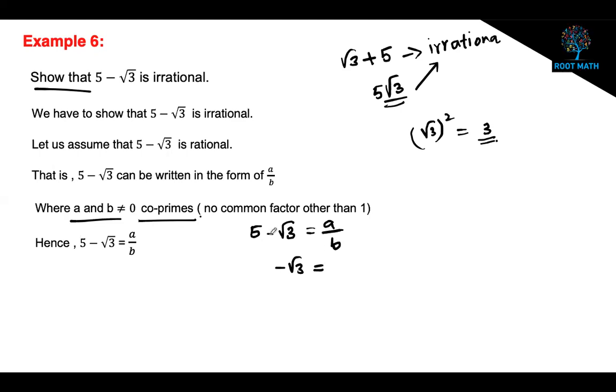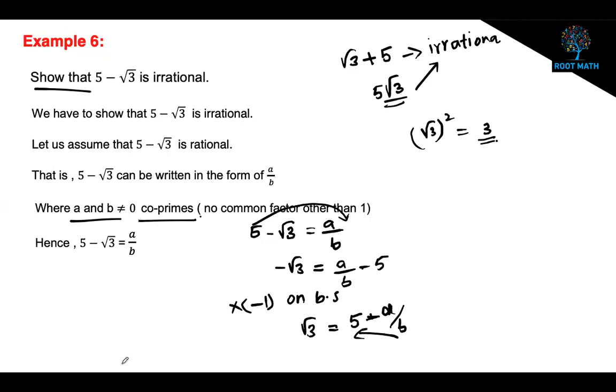Keep the minus root 3 here and bring the 5 to the other side. To remove this negative, multiply by negative 1 on both sides. So what will happen? Root 3 is equal to, the negative 5 will become positive and the positive a by b will become negative. Now you can see here 5 minus a by b, do the cross multiplication.